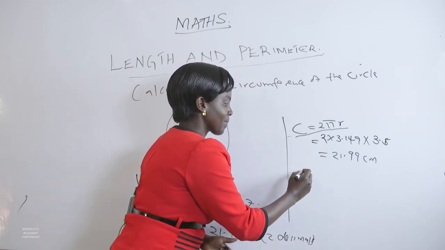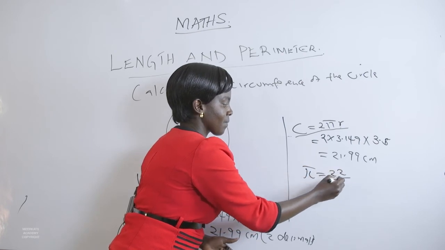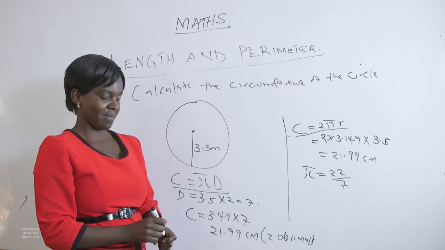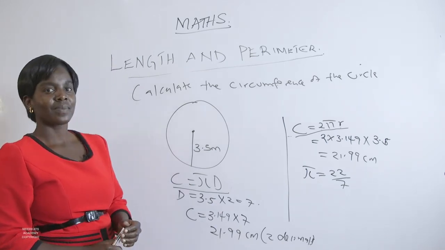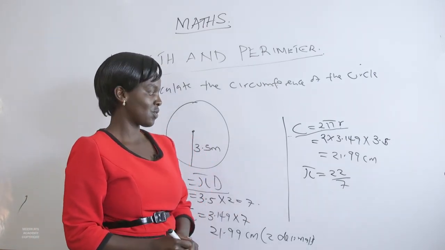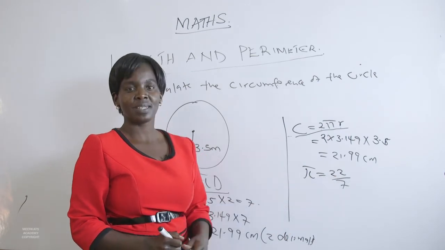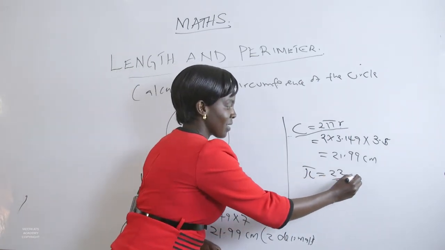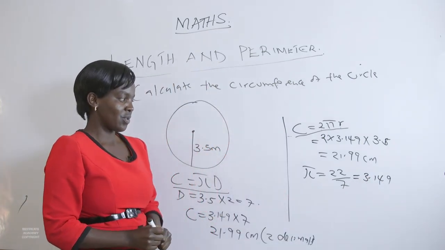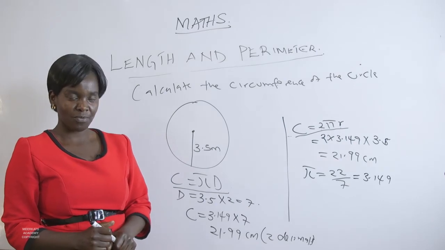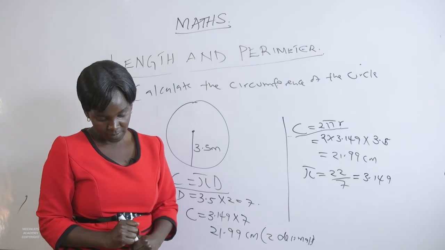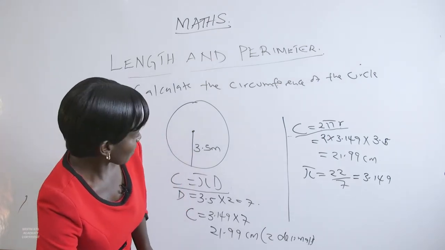So you can use 22/7 to refer to pi. 22 divided by 7 also gives us 3.14. So you can use 22/7 or you can use 3.14, depending on what you are asked to use when you are calculating. Let's look at another example.